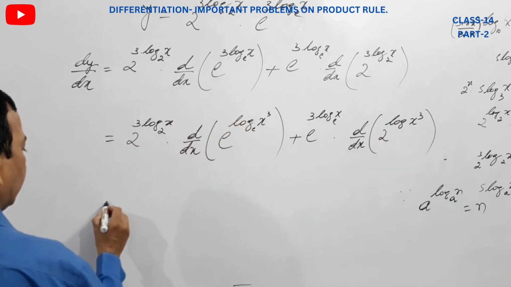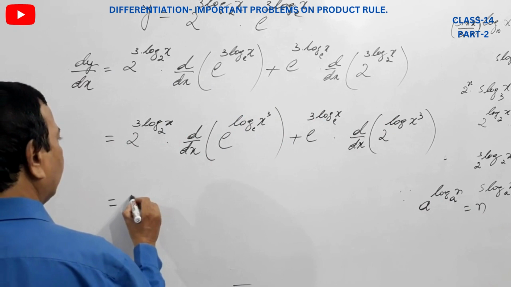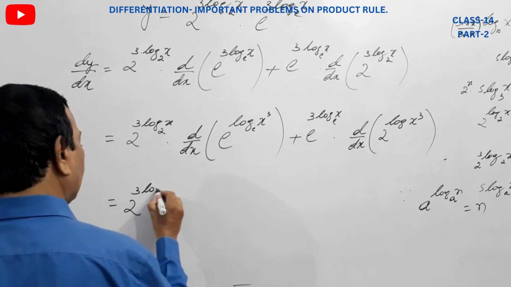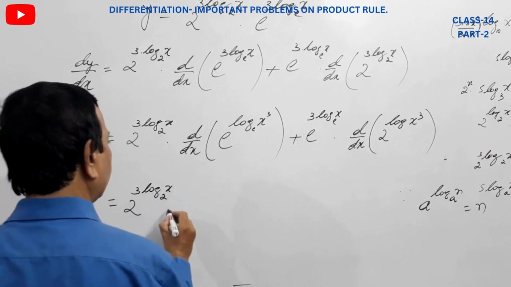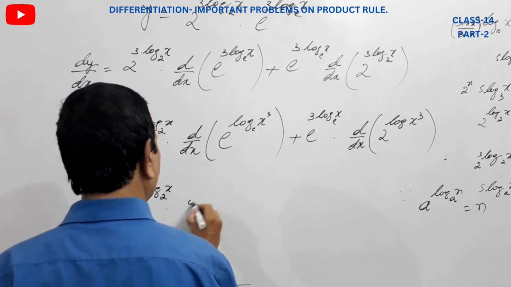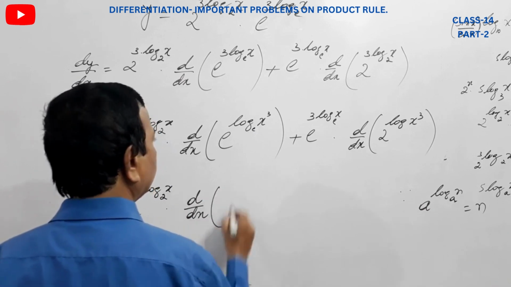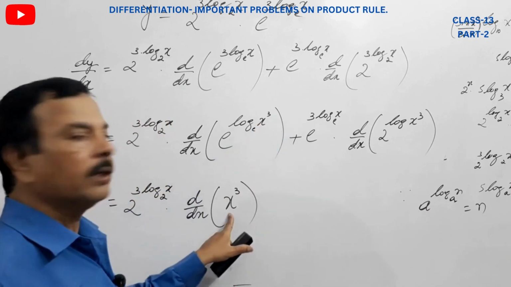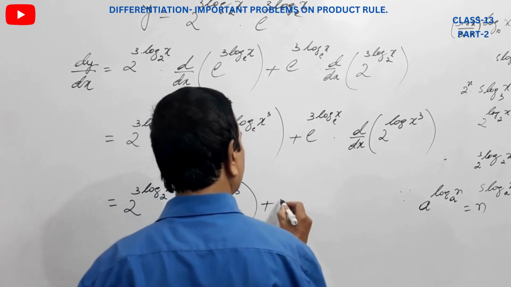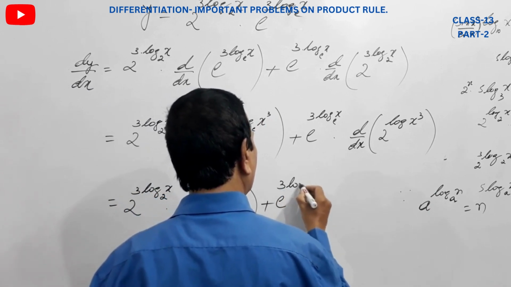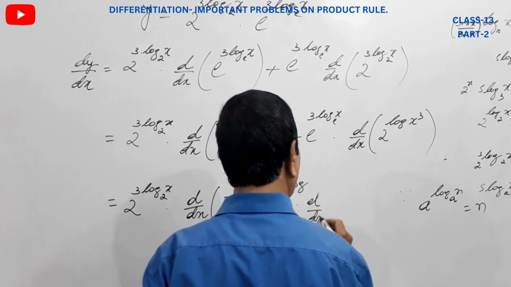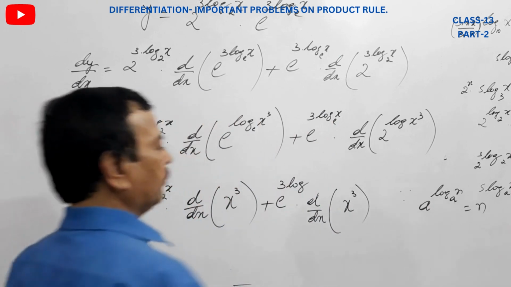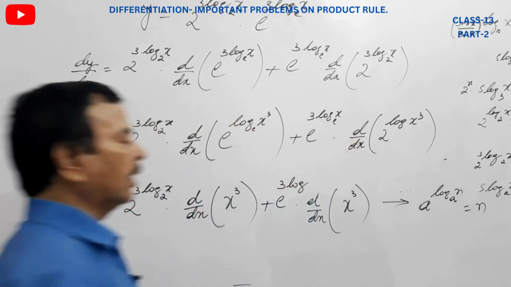So next step, this is equal to 2 to the power of 3 log x to base 2. This is nothing but d by dx of e to the log x cube to base e, which becomes x cube, plus e to the power of 3 log x to base e, d by dx of this becomes x cube, because of using this relation.